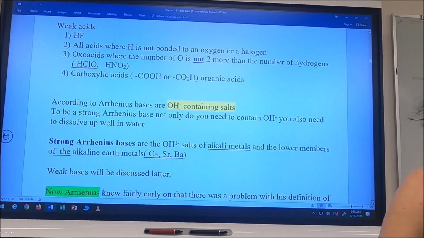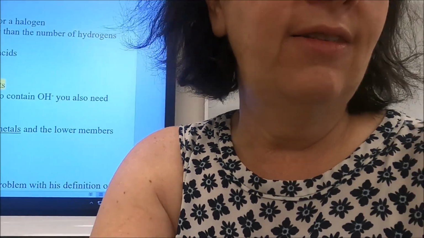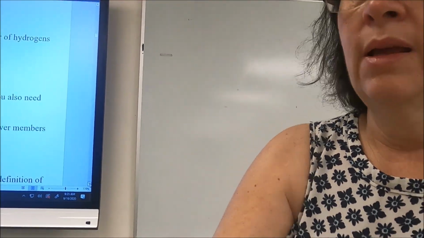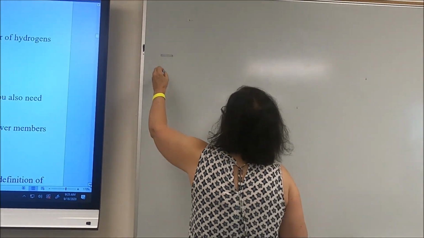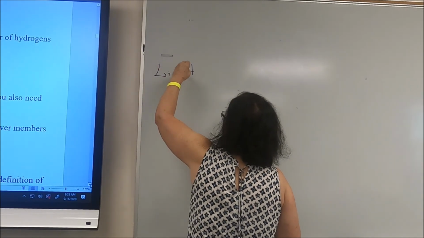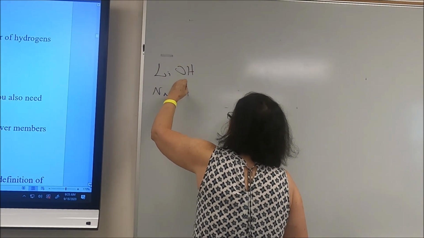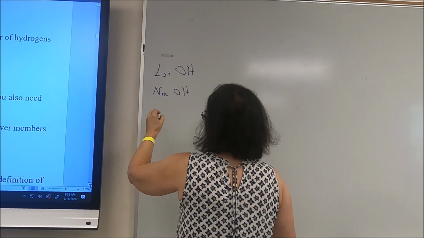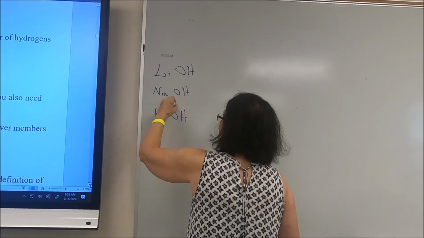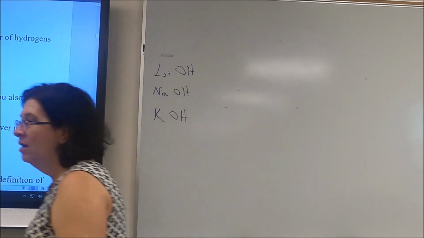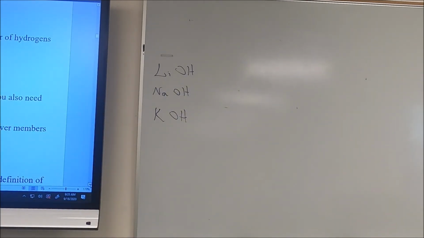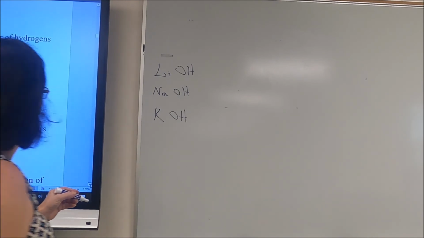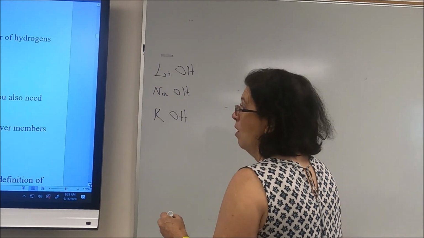Okay? So if we look at our strong base list, it's going to be LiOH, NaOH, it's going to be lithium, sodium, potassium hydroxide. Those are the ones most common. Of course, there are other members of the alkali metal family. There's rubidium, cesium, and francium, but we're really not going to encounter those too often.